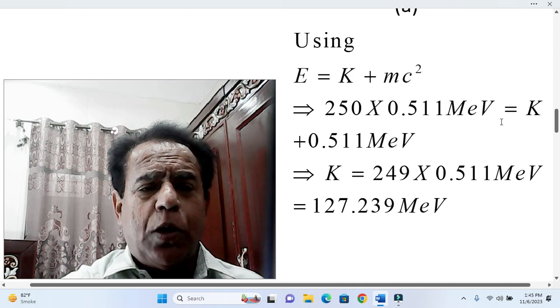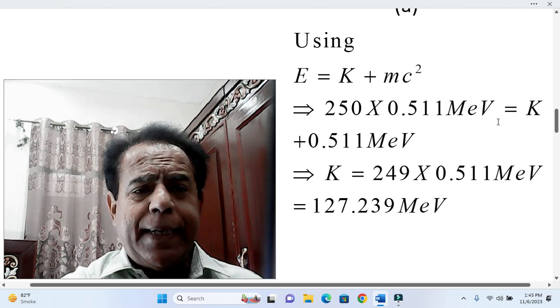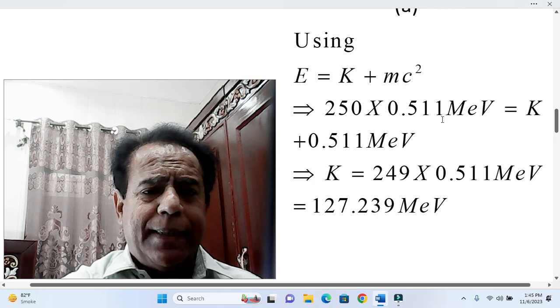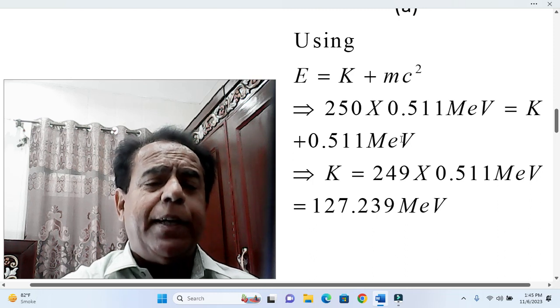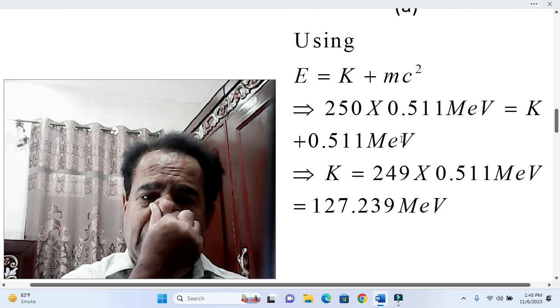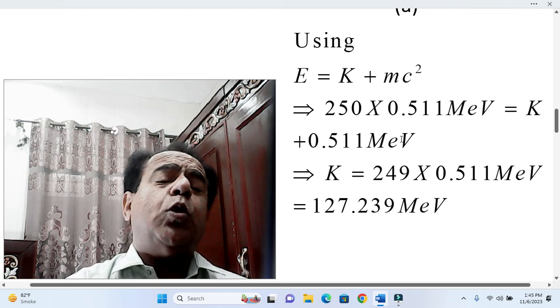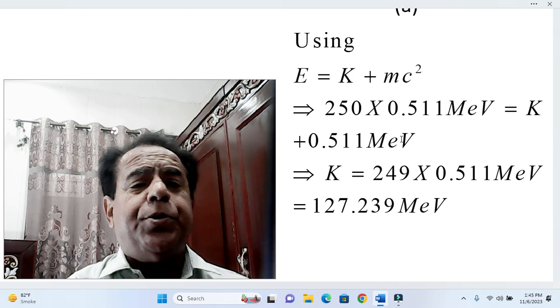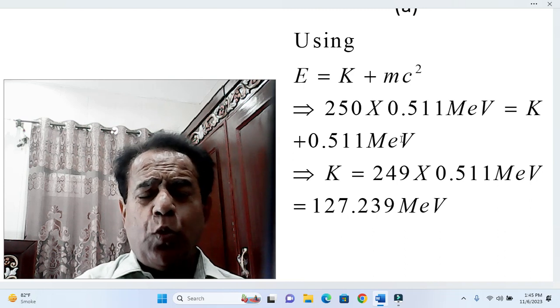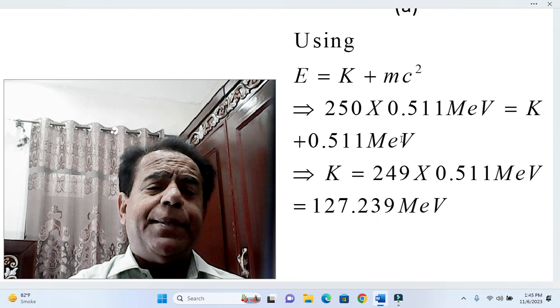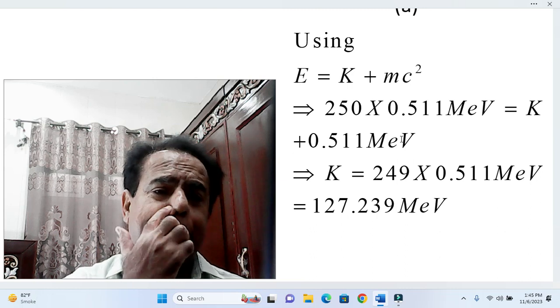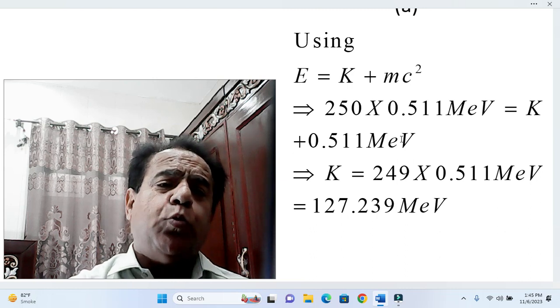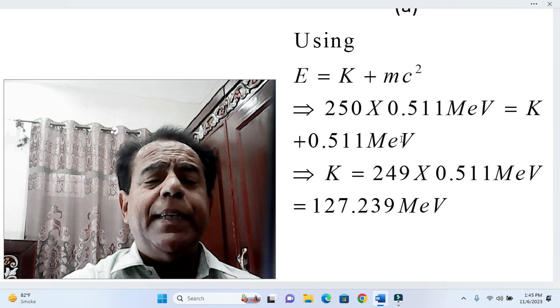This is equal to kinetic energy K plus rest energy, again this value 0.511 million electron volt, which is equal to mc square or rest mass energy of the electron, used twice. One time in its original place and second time as a multiple of 250, which indicates total energy.